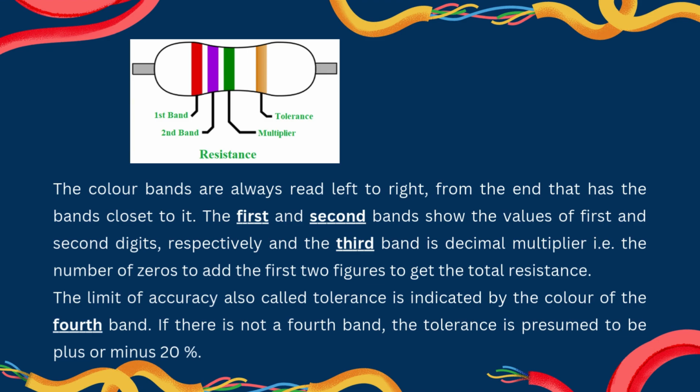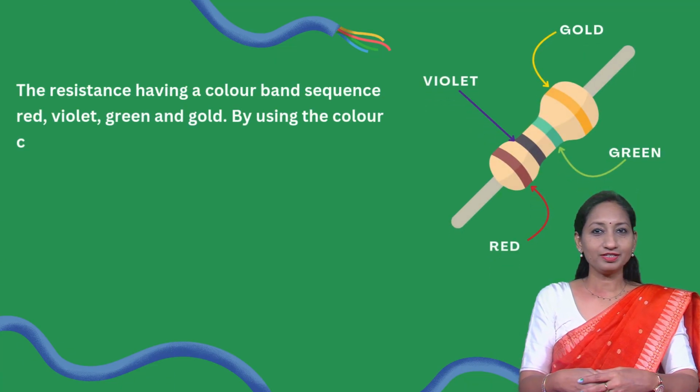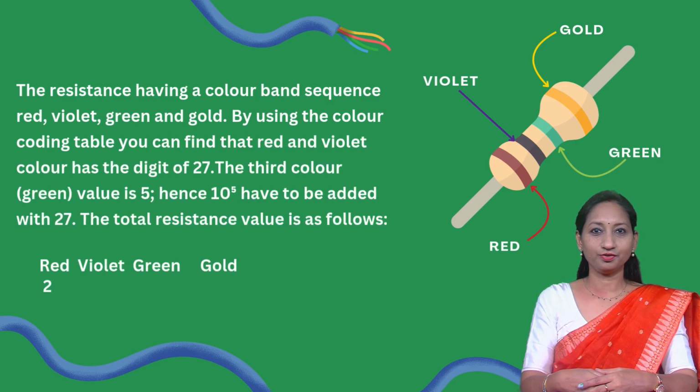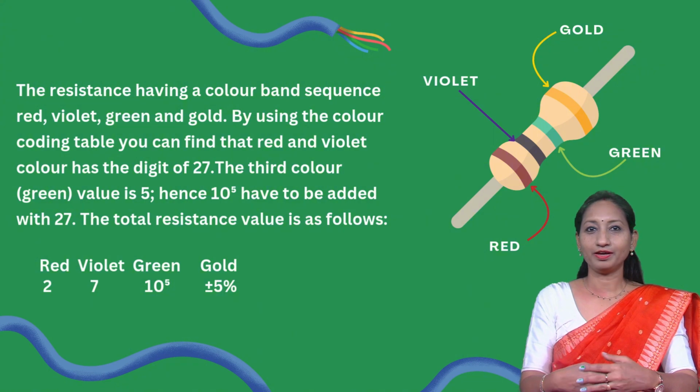If the 4th band is not available, the tolerance is presumed to be plus or minus 20%. For example, take the resistance having a color band sequence red, violet, green and gold. By using the color coding table, you can find the red and violet colors give the digits 27.